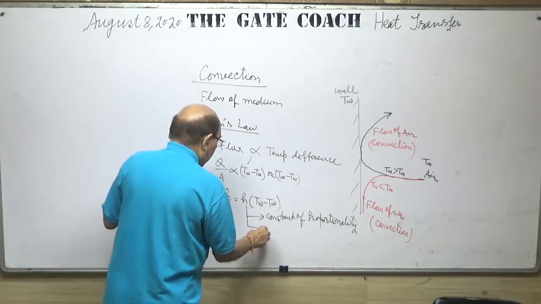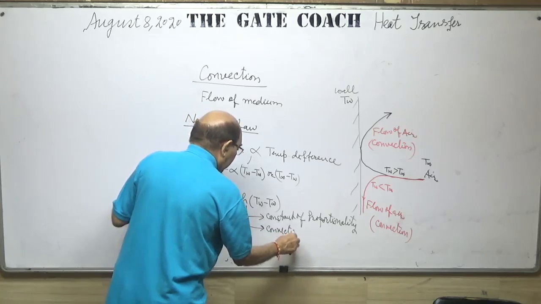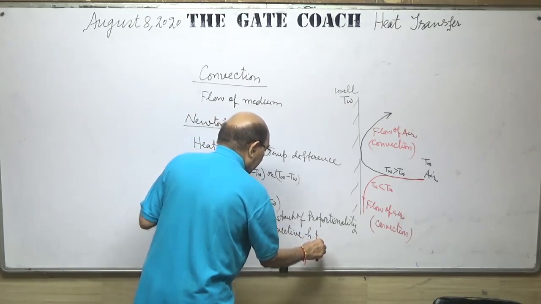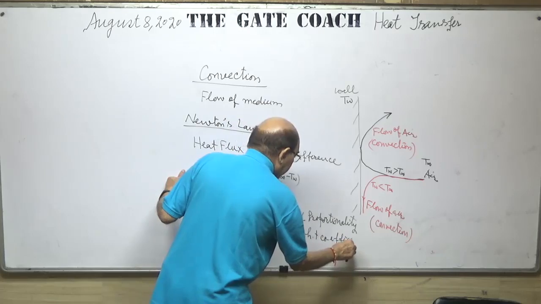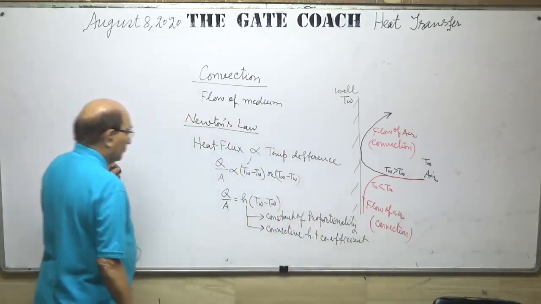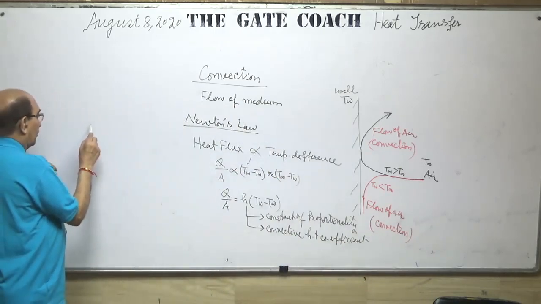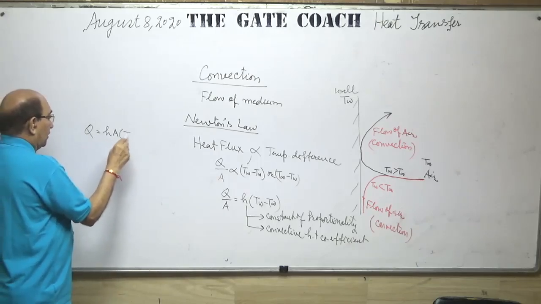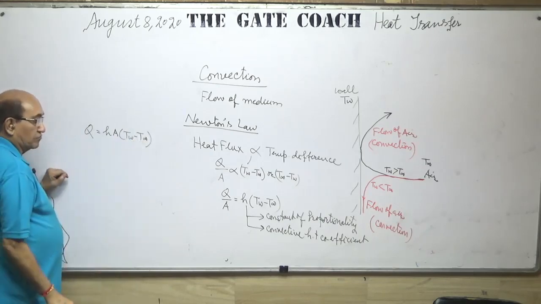It may also be called the convective heat transfer coefficient. So we may write Q is equal to H A into Tw minus T infinity.